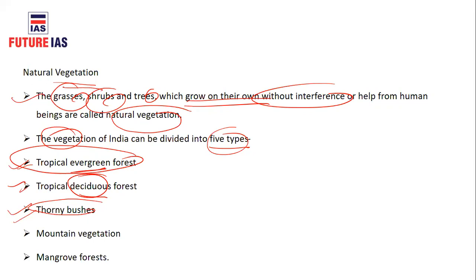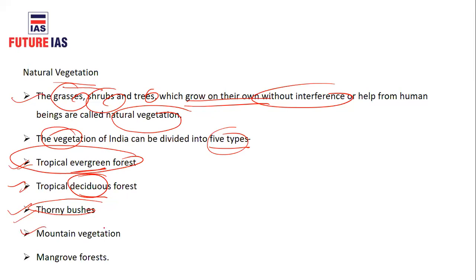For example, in the Rajasthan region, राजस्थान में जाओगे तो आपको क्या मिलेंगे, सिर्फ कैक्टस ही कैक्टस मिलेंगे, वहां पर आपको पेड़ नहीं मिलेंगे. मतलब you won't find lush green forest, but you will find a few scattered trees. That is also the babool, kejri, bear, right? And you will find mainly cactus.